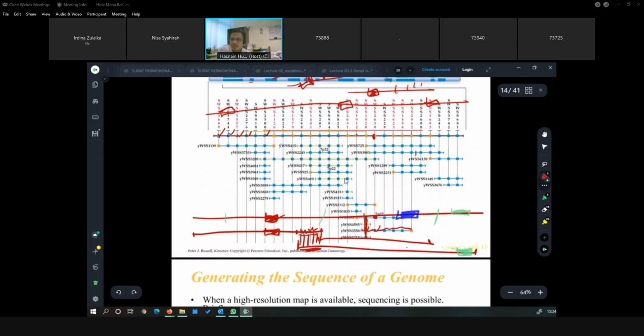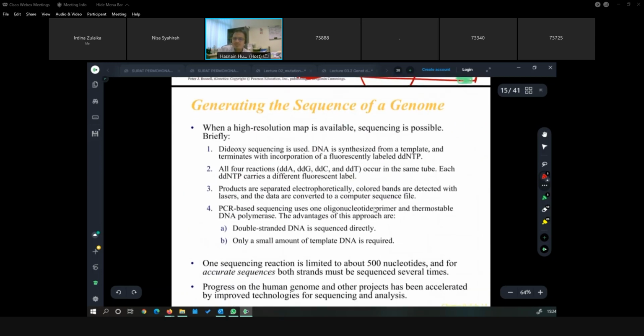Now after you have the map and you are in a clone, you will do the sequencing of each individual nucleotide. Previously you have the dideoxy sequencing method, which is a method to do sequencing on the DNA strand.